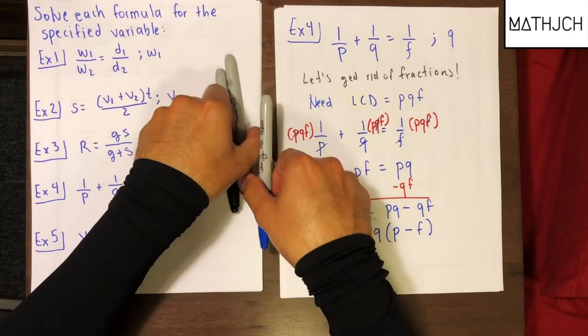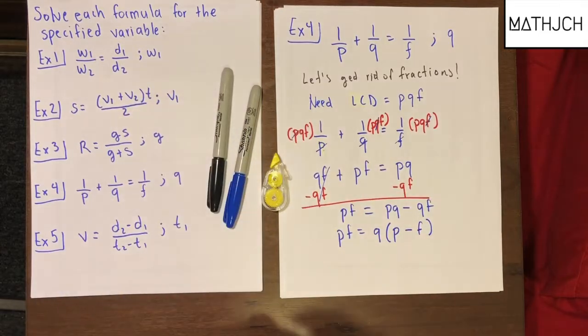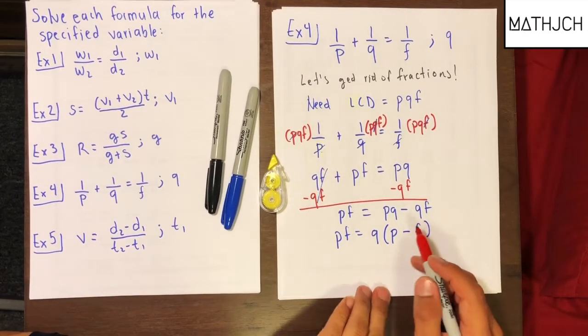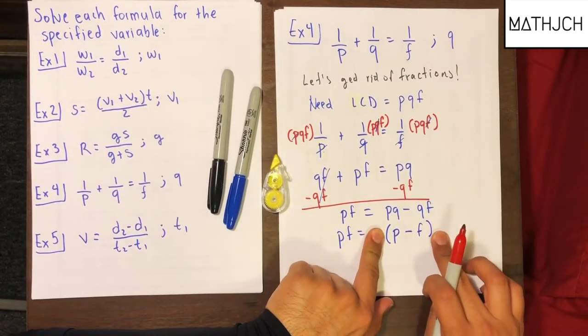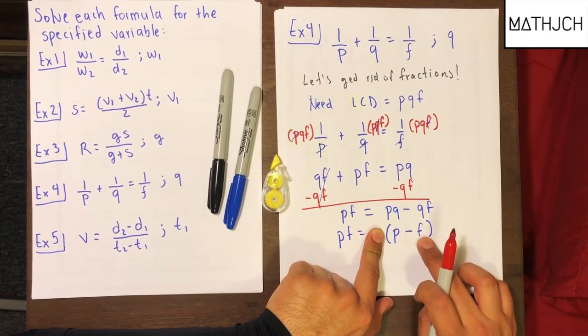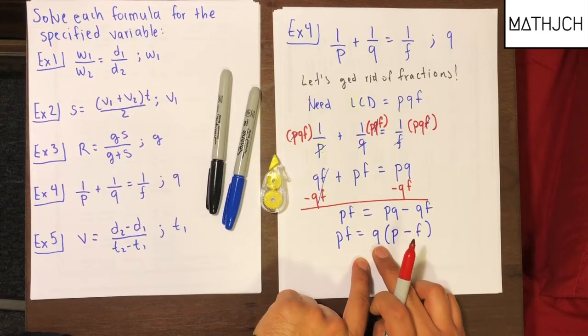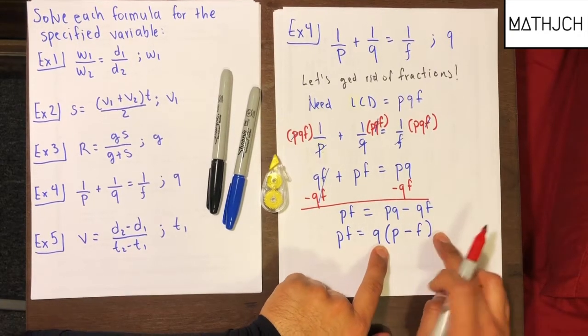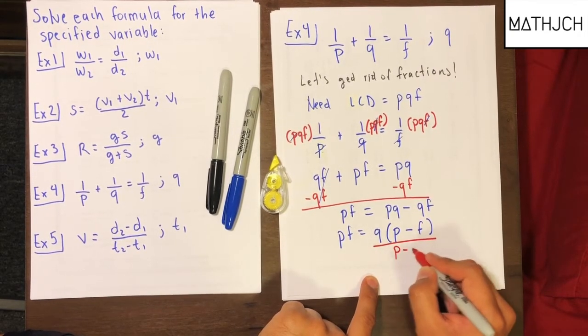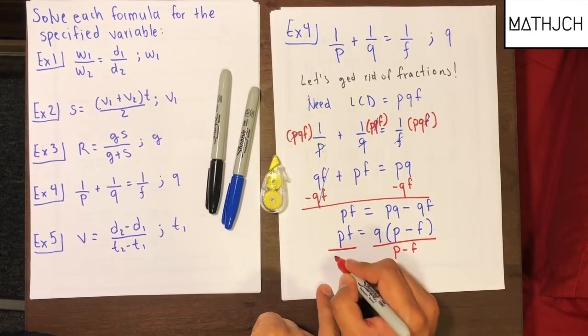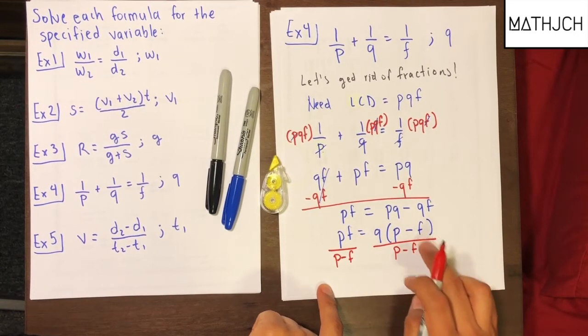Now, the next step is that we want to get rid of this parenthesis of P minus F that is multiplying Q, okay? So to get rid of something that is multiplying, we do the opposite, which is division by the whole thing inside the parenthesis.